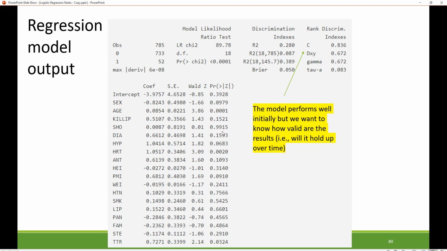Hypotension's close. Heart rate is considered statistically significant. The previous myocardial infarction is close. We'd consider that marginally significant. And when we get to the bottom, time to relief of chest pain, that is what we call statistically significant at the 0.05 level.